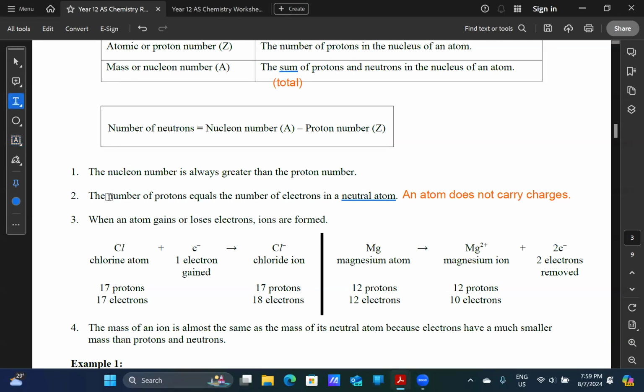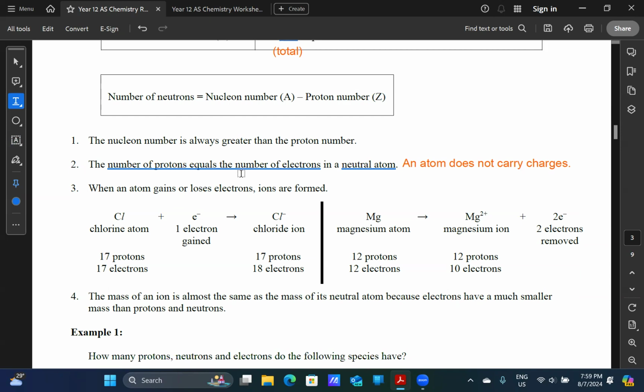You need to understand the number of protons always equals the number of electrons. An atom has the same number of protons and number of electrons. I repeat one more time: every atom has the same number of protons and electrons. Please take note. But if the atom either loses or gains electrons, what will be formed?